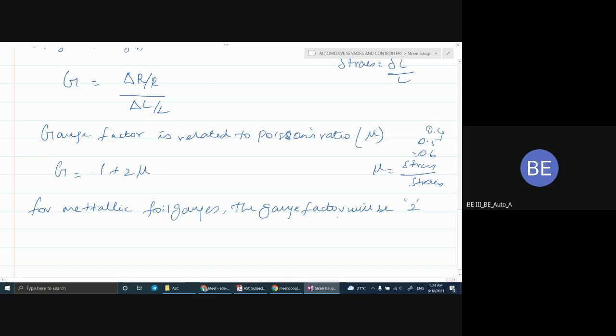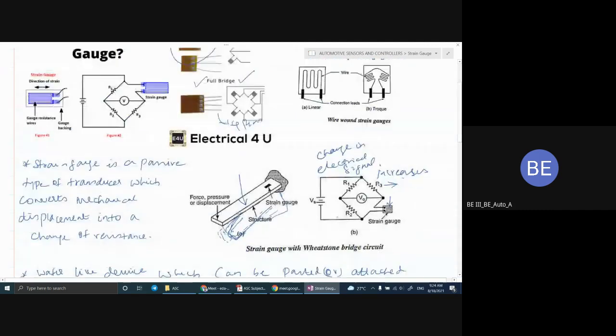Now when we apply stress on this material or this gauge, the resistance changes and there is an unbalanced signal in the Wheatstone bridge, as I said earlier.